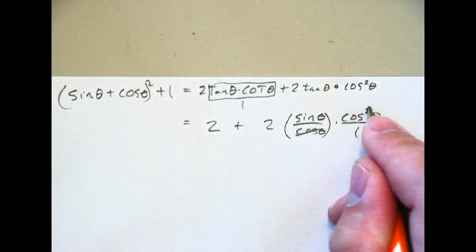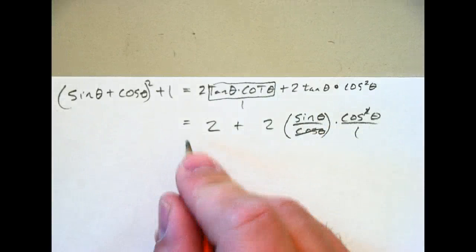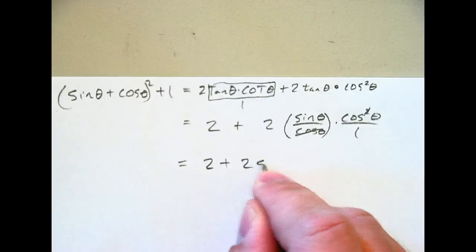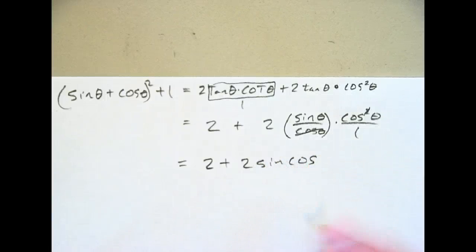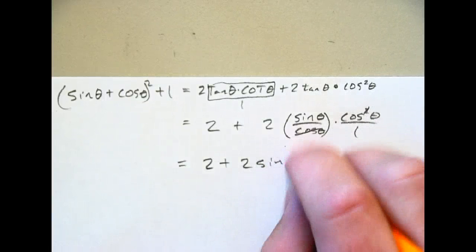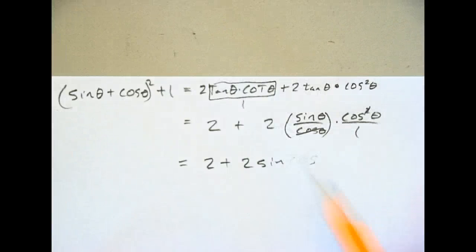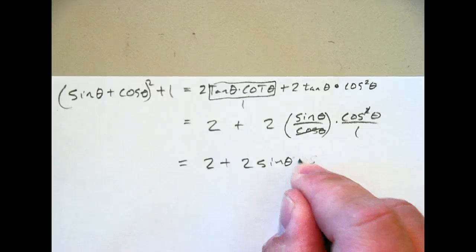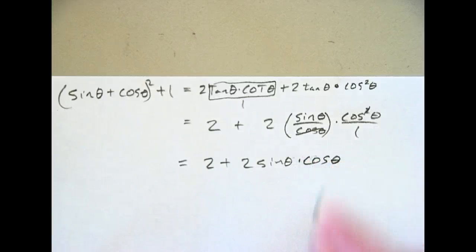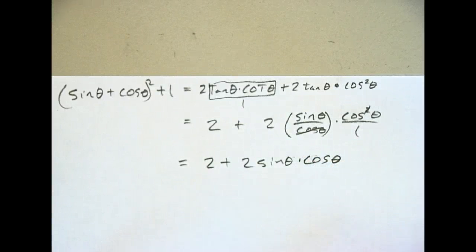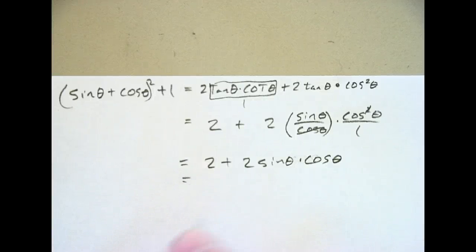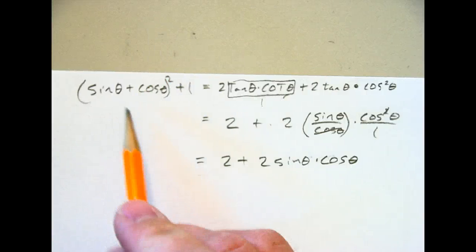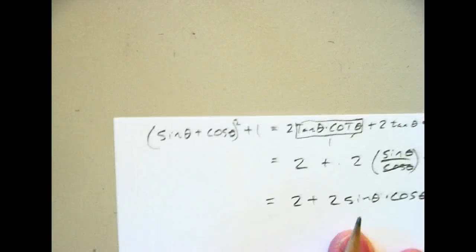That cancels that, which gives me sine times cosine, so I get 2 plus 2 sine theta cos theta. Okay, so I could factor out a 2 there, I guess, and if I have to at the end, I will. Let's go ahead and move over to this side and actually FOIL that.